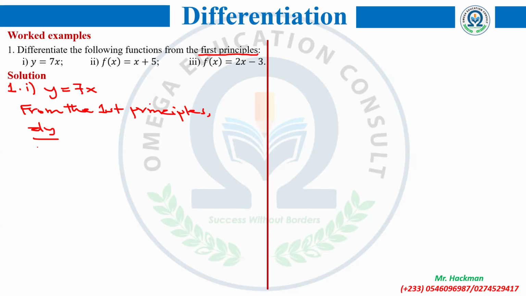So I'll write dy/dx is equal to, I won't write f prime of x because the function didn't come in terms of f of x. So it will be equal to the limit as h approaches 0 of, the numerator will be f of x plus h minus f of x, all over h.